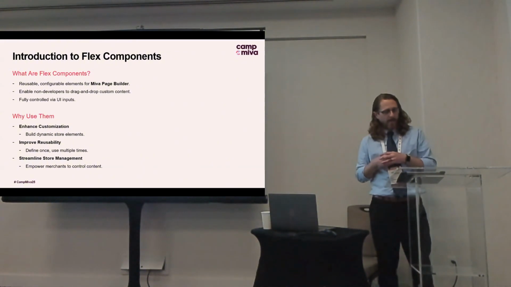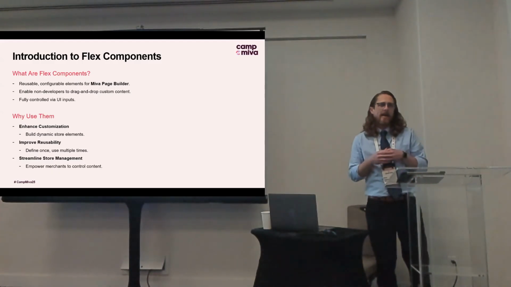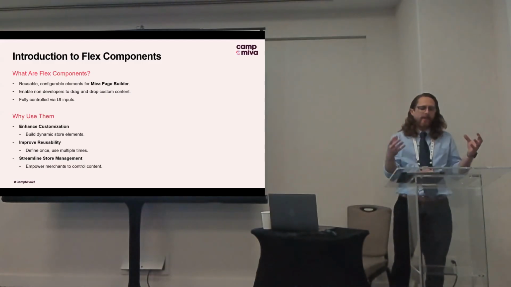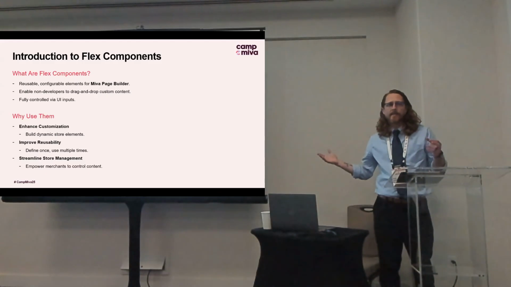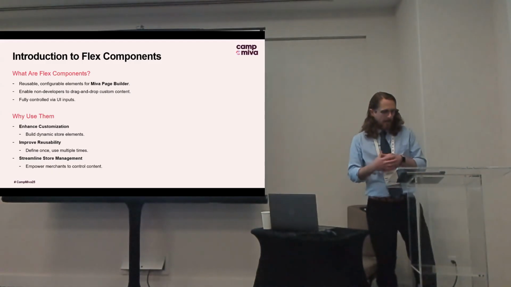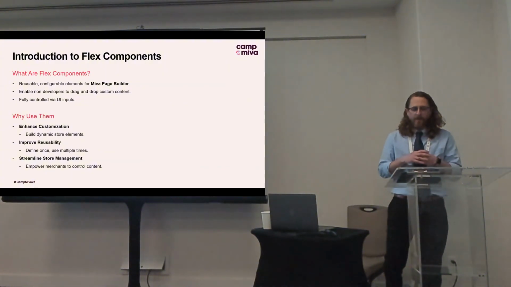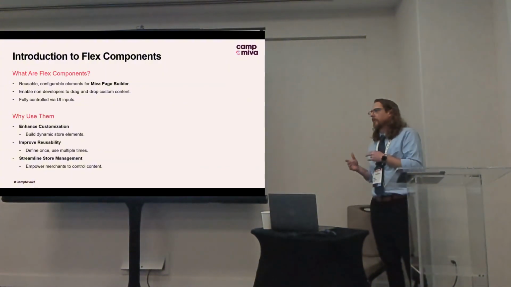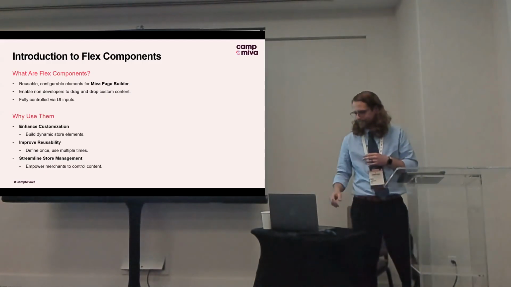Whereas with a Flex component, you just define its structure in the flex.json, you add any of the JavaScript or CSS there within that package, package it all up, and then you can just deploy it on any site for anybody to use. With the page builder approach, it really gives your merchants more flexibility to customize what they want and make it how they want it to be.